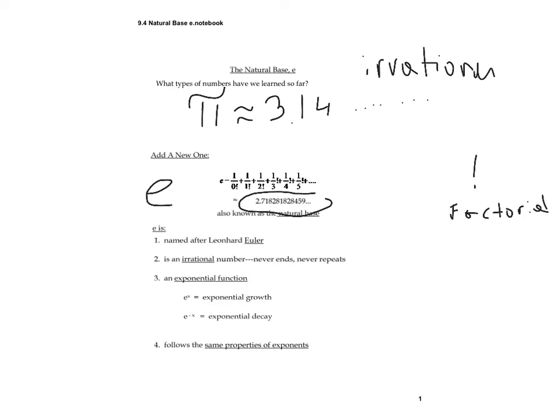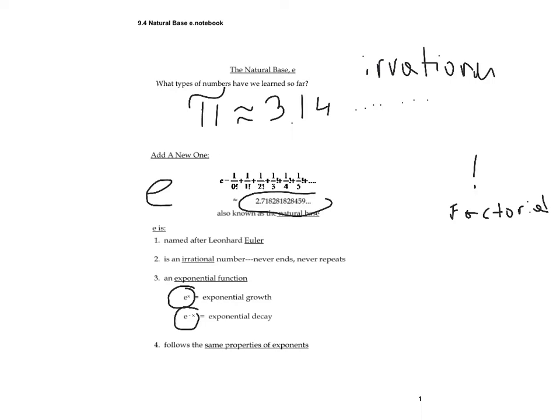Anyway, a few facts about the letter e. It was named after Euler, a very famous mathematician. People consider Euler to be one of the top 3 mathematicians that ever lived. It's an irrational number. It never ends, never repeats. And just like we talked before, do you remember we talked about exponential growth and exponential decay?